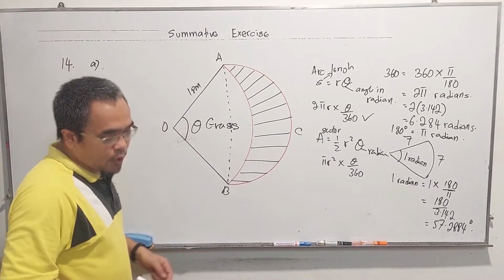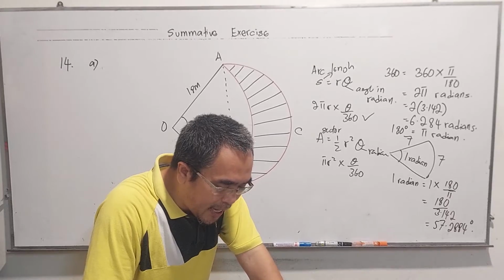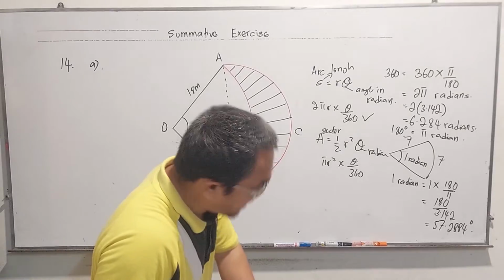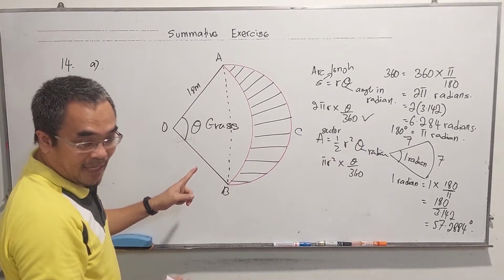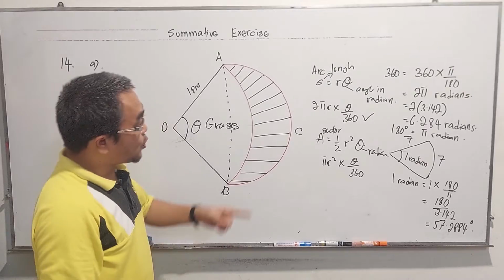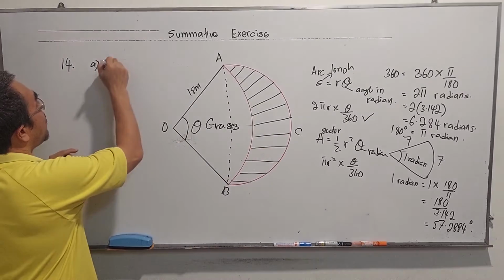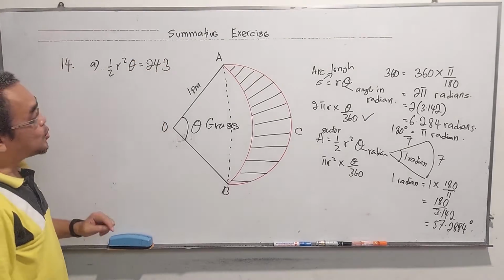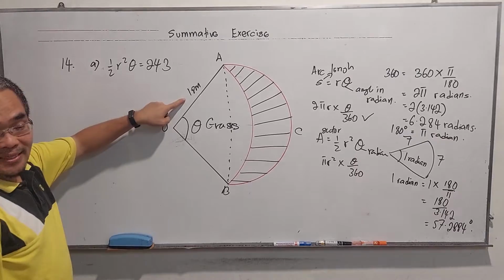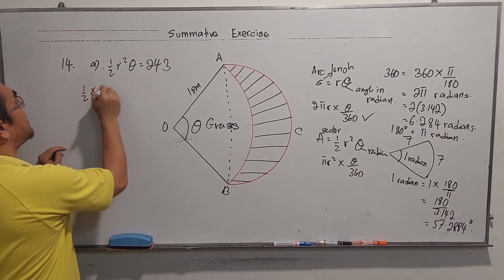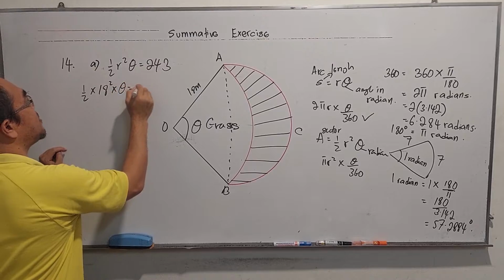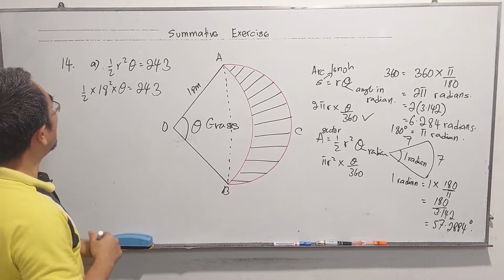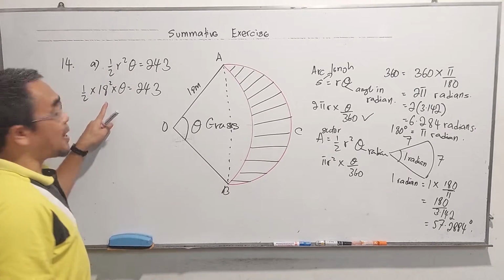With regard to question A, the value of theta in radian, because you are given that the area is 243 and they want the angle in radian, we use this formula. We say 1 over 2 r squared theta is equal to 243. We already know r is 18. So 1 over 2 times 18 squared times theta equals 243. What is 1 over 2 times 18 squared?